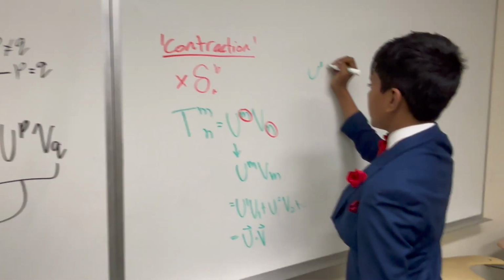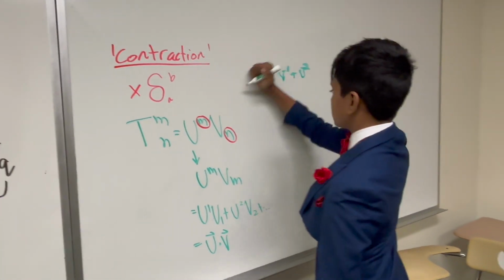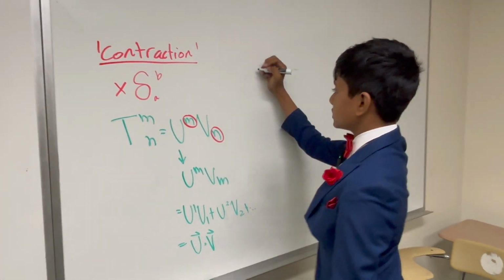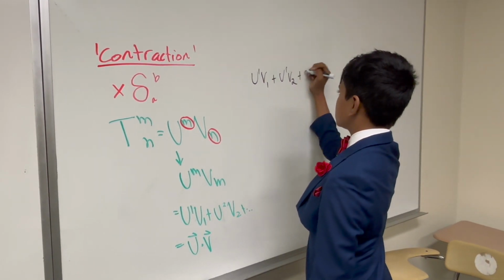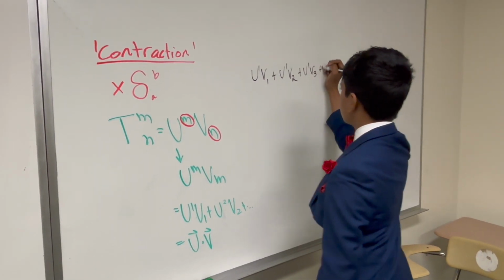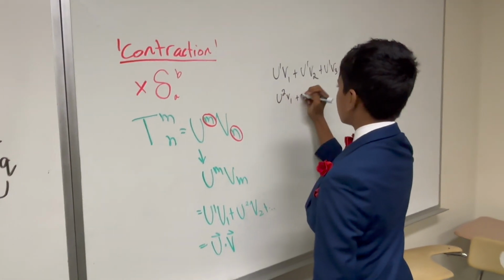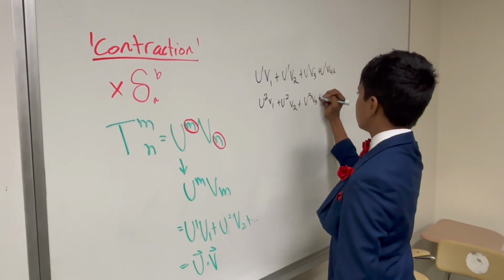So originally, if we have 4 vectors, we might have U1 V1 plus U1 V2 plus U1 V3 plus U1 V4, then plus U2 V1 plus U2 V2 plus U3 V3 plus U4, and so on.